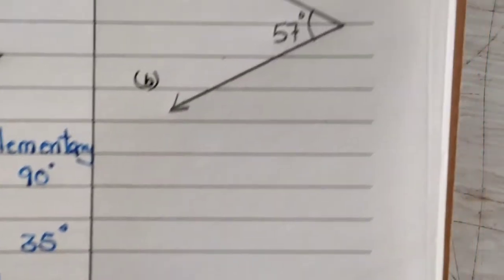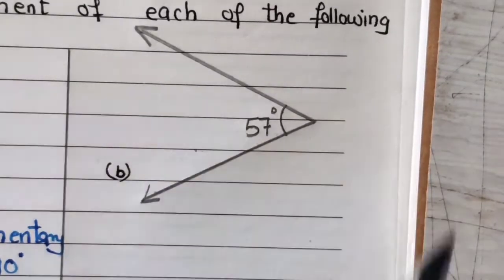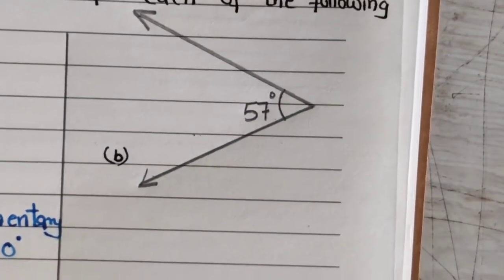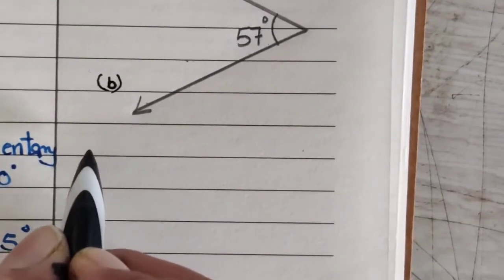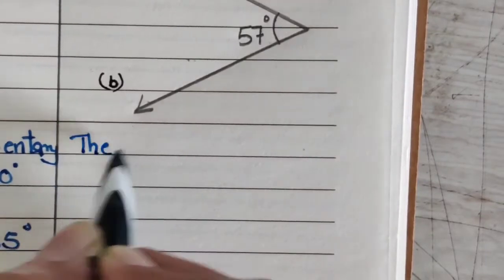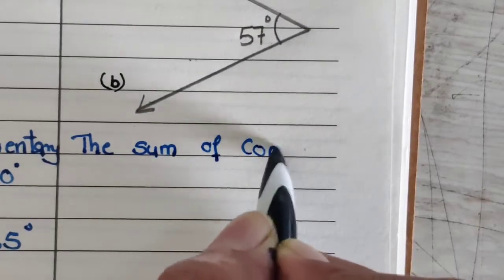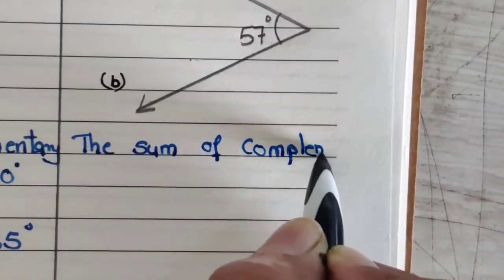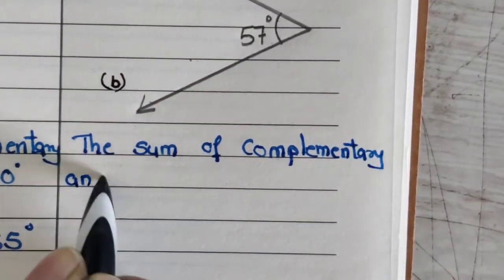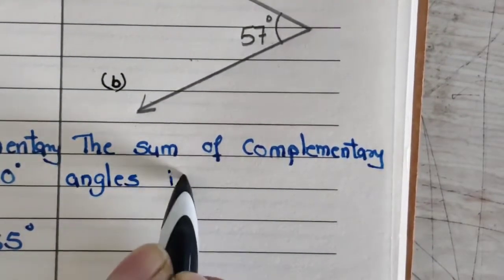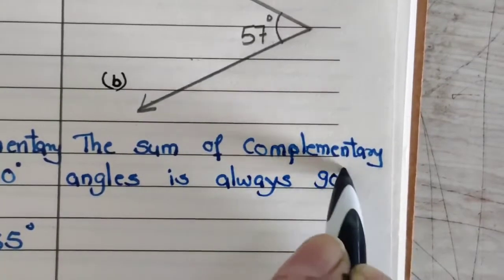Showing it to you a little closer. See, here is question B where the angle given is 57 degrees. So as we have written earlier, here also we have to mention the property, and that is the sum of complementary angles is always 90 degrees.